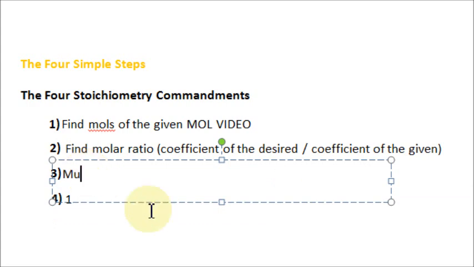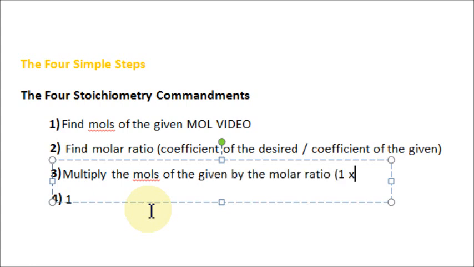That's all it is. And step 3 is multiply the moles of the given by the molar ratio, which essentially is step 1 times step 2, because, you know, we found the moles, and then the molar ratio, so just multiply those two together.